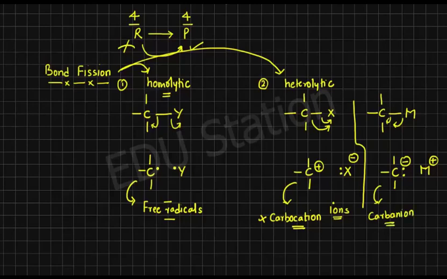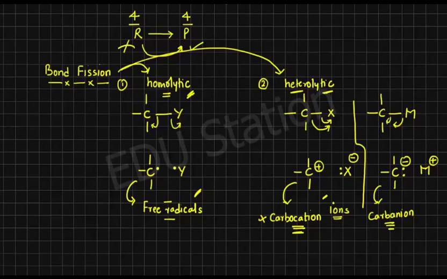So, you have three basic intermediaries of carbon: free radical, which is formed through homolytic fission; carbocation, which is formed through heterolytic fission and carbon carries positive charge; carbanion, which is again formed through heterolytic fission and carbon carries negative charge.